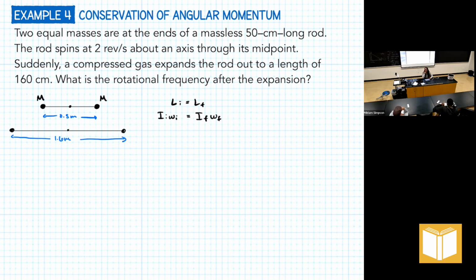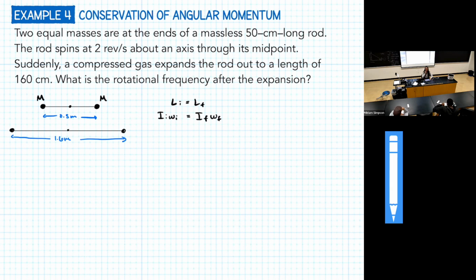How do we calculate the moment of inertia for this? What's the moment of inertia for just a point? Yes, m r squared. So what's r in this case? This is length initial, and this will be length final.